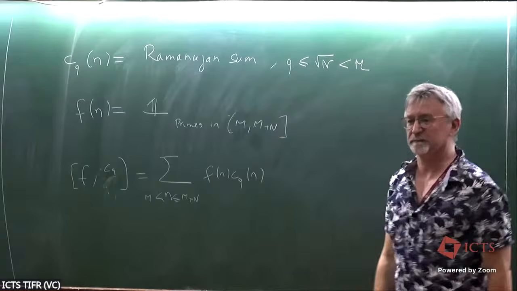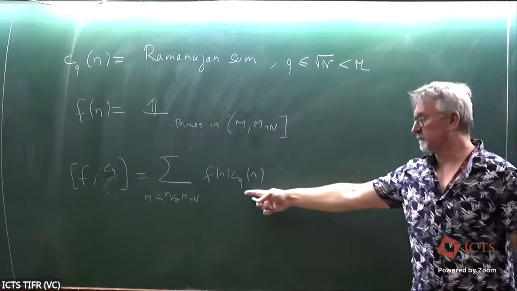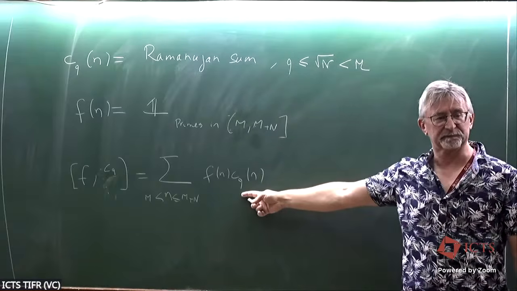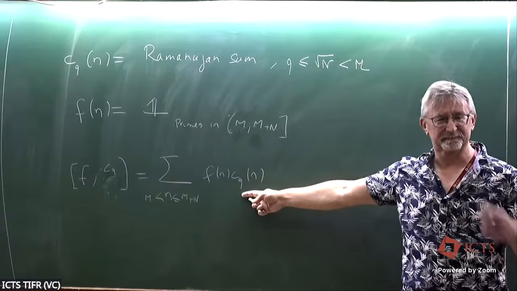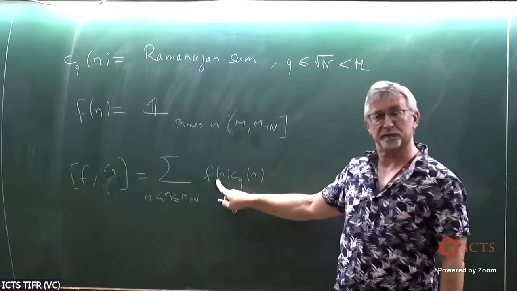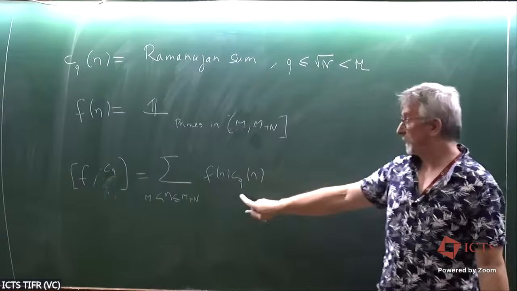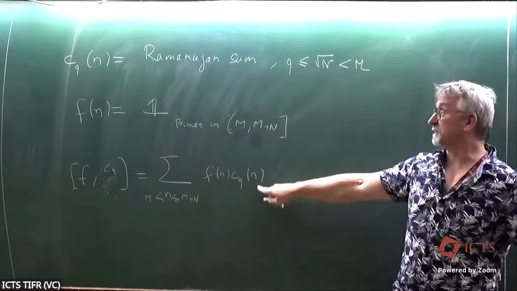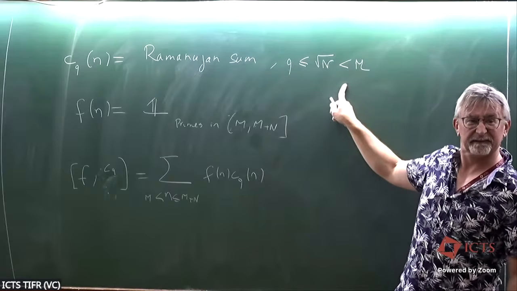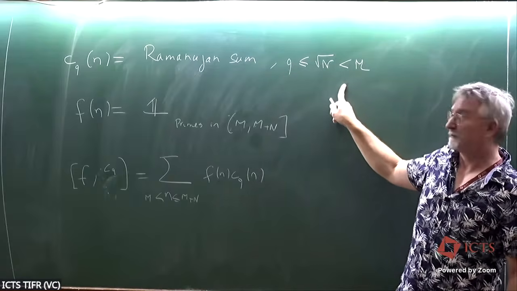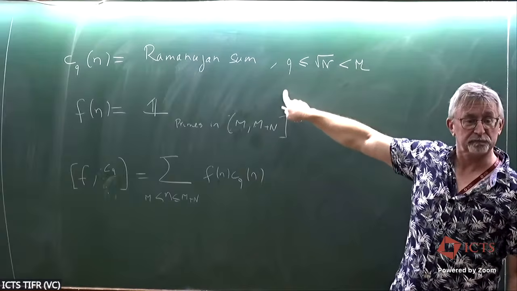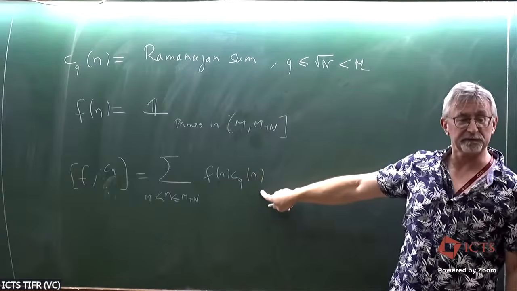So what is the value of CQ of n? n is a prime, because otherwise f of n equals 0. n is a prime which is larger than m. It is prime to Q. So what is the value of this one?